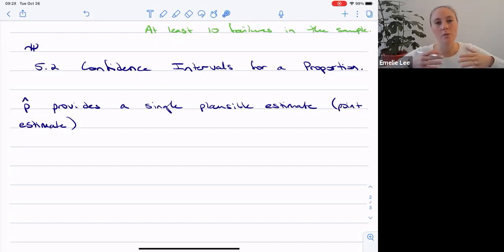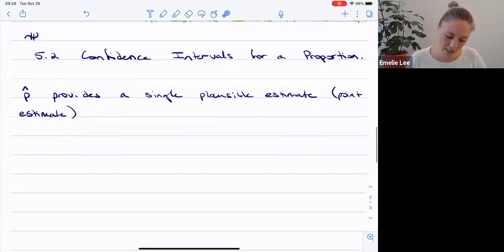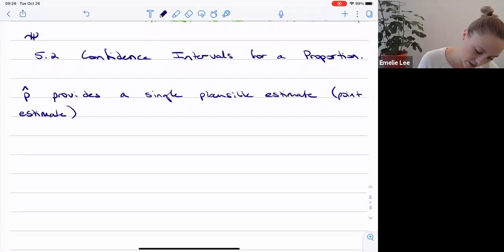So then when we move into talking about other types of data, right? And so here we're talking about proportions, but then we're going to migrate towards talking about means, right? And so that point estimate, that terminology is going to stay the same. It just refers to different things. So that's nice. So p hat provides a single plausible estimate for p, right?